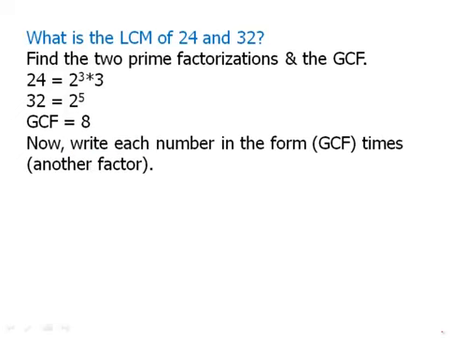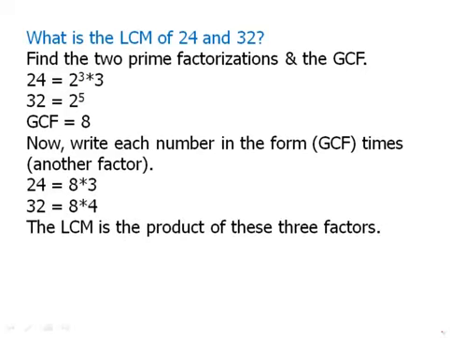Now write each number in the form greatest common factor times another factor. Well, 24 is clearly 8 times 3. 32 is 8 times 4. The least common multiple is the product of those three factors, 8 and 3 and 4. Of course, that's 8 times 12, that's 96. That's the least common multiple of 24 and 32.